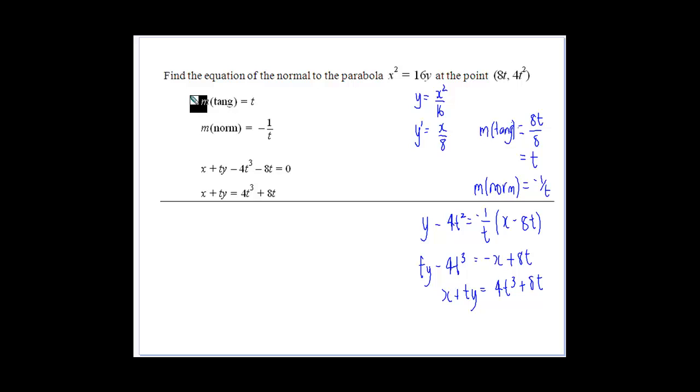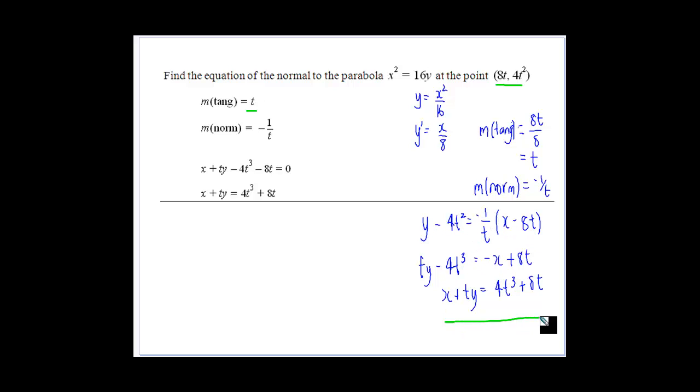So we're seeing how we find the equation of the normal to x² = 16y at that point. Again, we can get our gradient and the gradient of our normal in that way. Or if we realise that if it's 8t, the tangent gradient would be t, as we proved, and the normal would be −1/t, and then we can substitute in with our point.